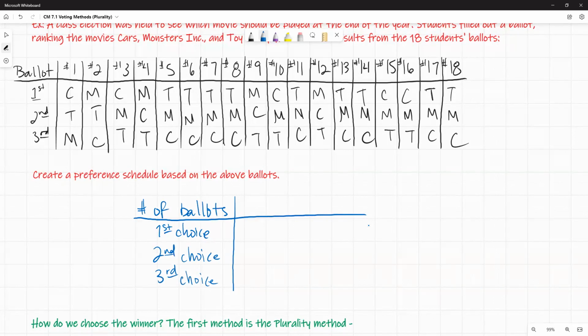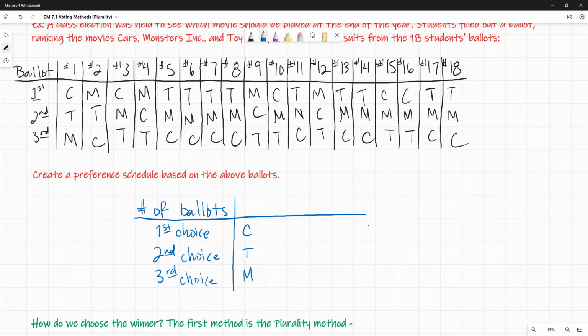Then we comb through and see how many different ways we voted, what different configurations we got. One configuration was that Cars was chosen first, then Toy Story, then Monsters, Inc. So that's one option: Cars, Toy Story, Monsters, Inc. Then I look for all the ballots that have that order, pretty much all the different CTMs.